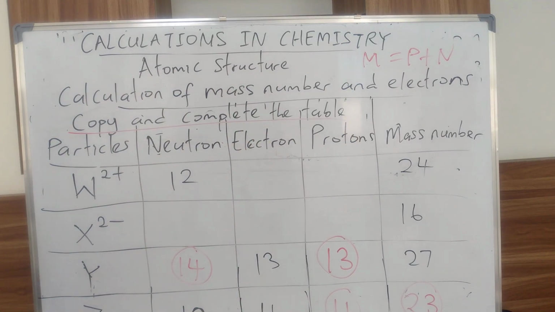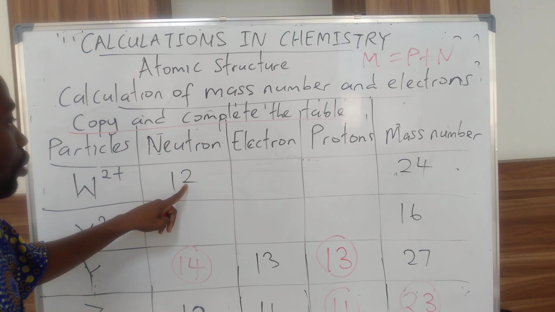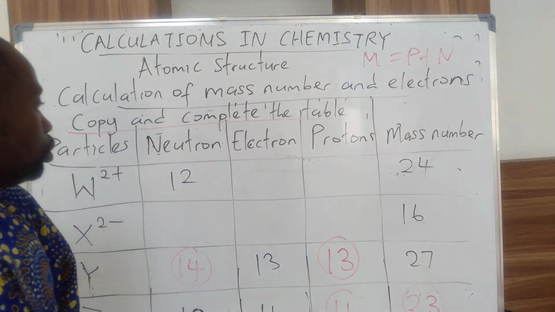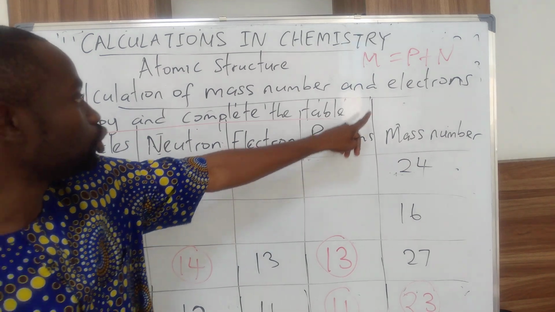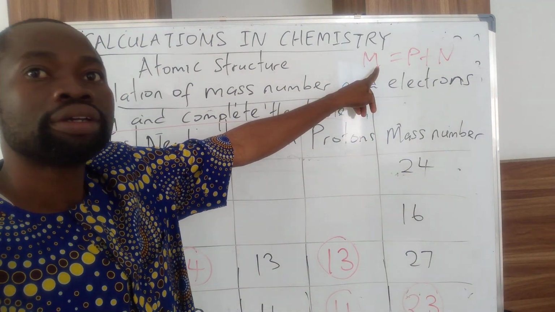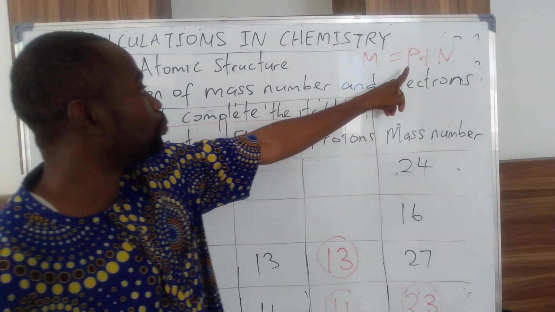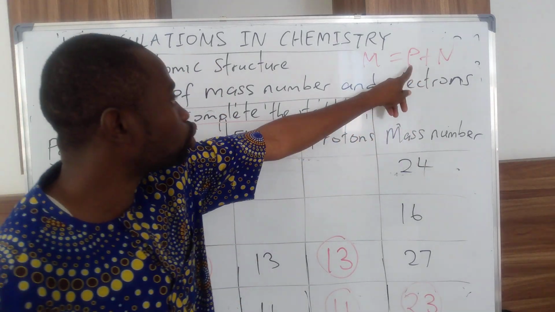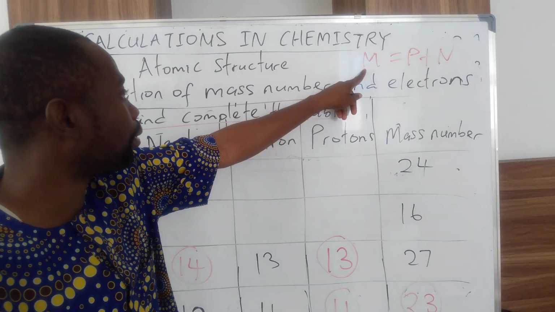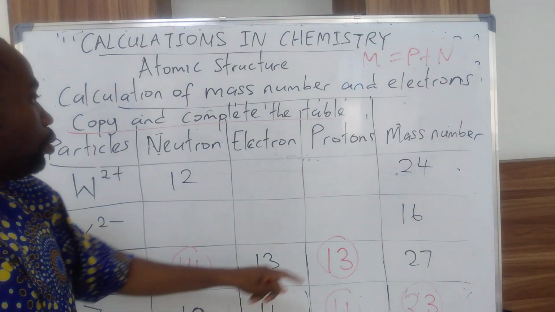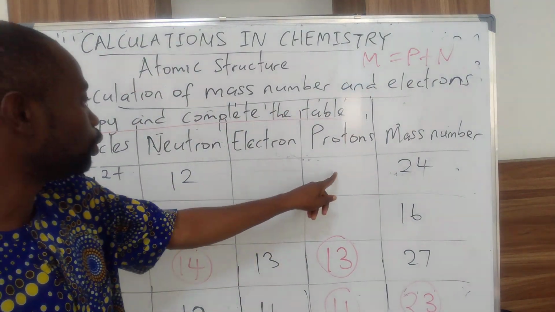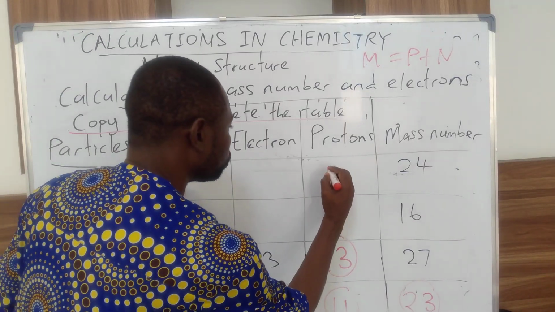Now remaining these two. These are charged atoms. This is positively charged. Now, I have the neutron to be 12, I have the mass number to be 24. So let me get the proton first. Using this formula, mass number equals proton plus neutron, proton will give me mass number minus neutron. So this will be 24 minus 12. This will give me 12.